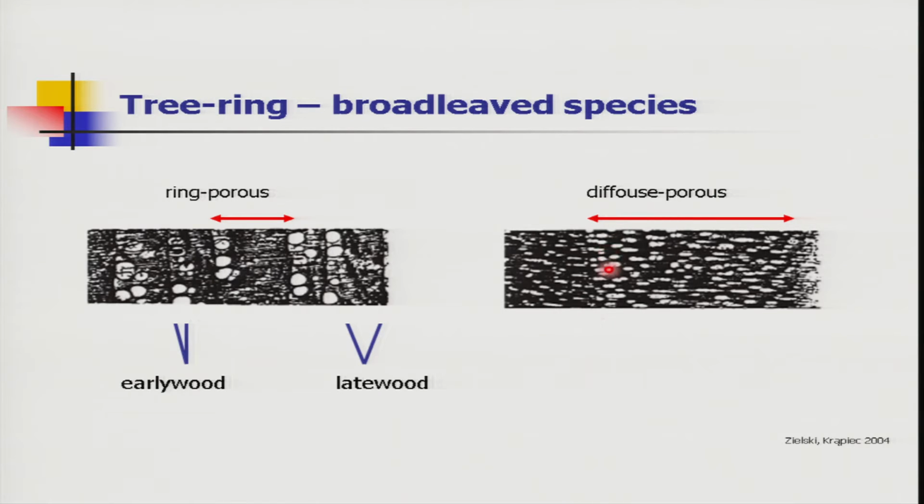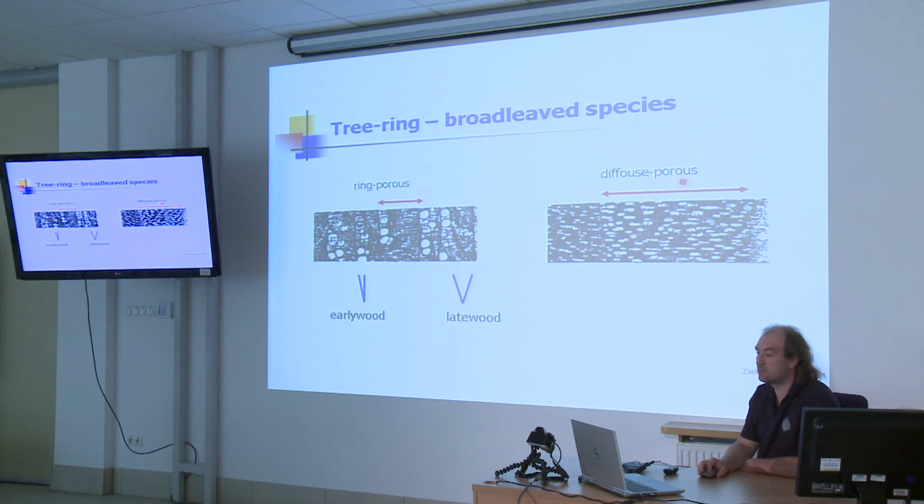We have many difficulties with indicating where the boundary between two consecutive rings is. So basically, for diffuse porous species, we try to use more wood anatomy methods for distinguishing rings.